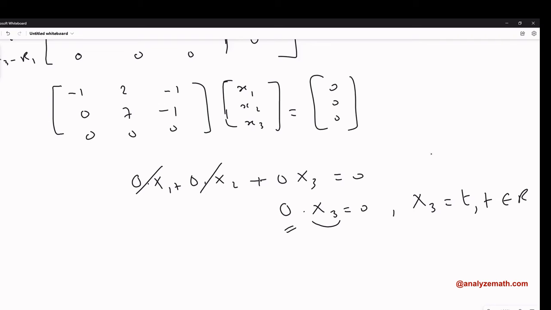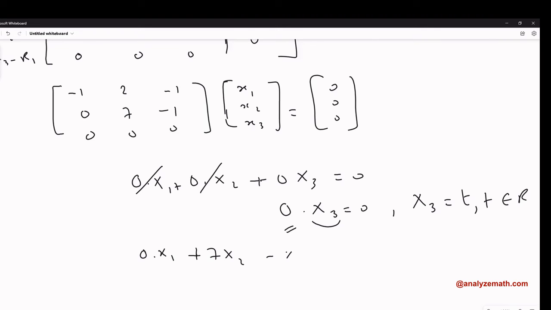Good. Now let's go to the second equation. The second equation tells me that 0 times x1. So to obtain the second equation, I multiply this row by this column. 0x1 plus 7x2 minus x3 equal to 0.